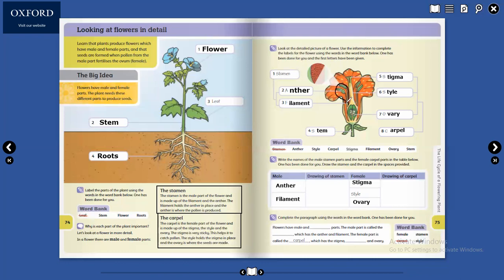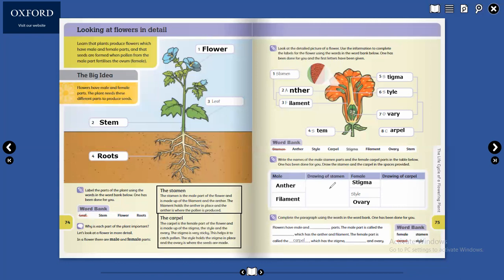From here to here is the female part. This is called carpel.